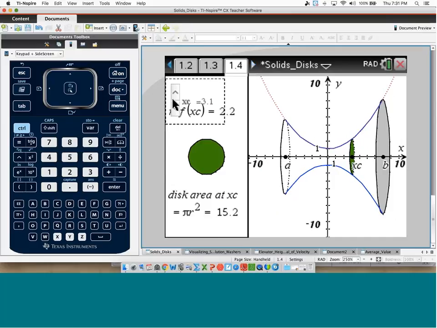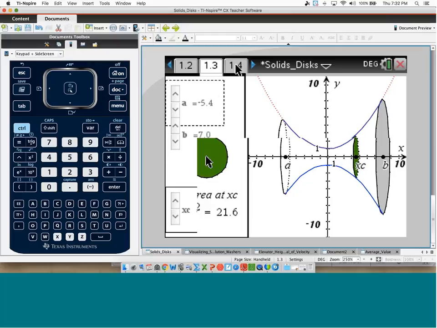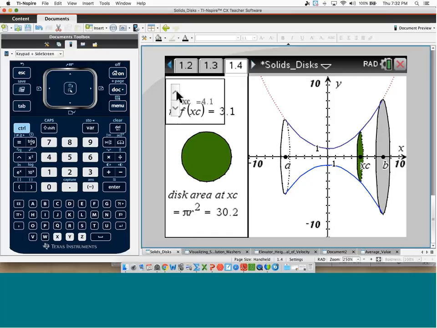There it is, there's my slice. And so I can actually see what the disk area looks like. This is good for just getting a hint of what's happening to the different disks as you're slicing this solid. Over on this screen, this is the one that I really like: I can actually see the slice, and when I change where my slice is located, the visual changes.